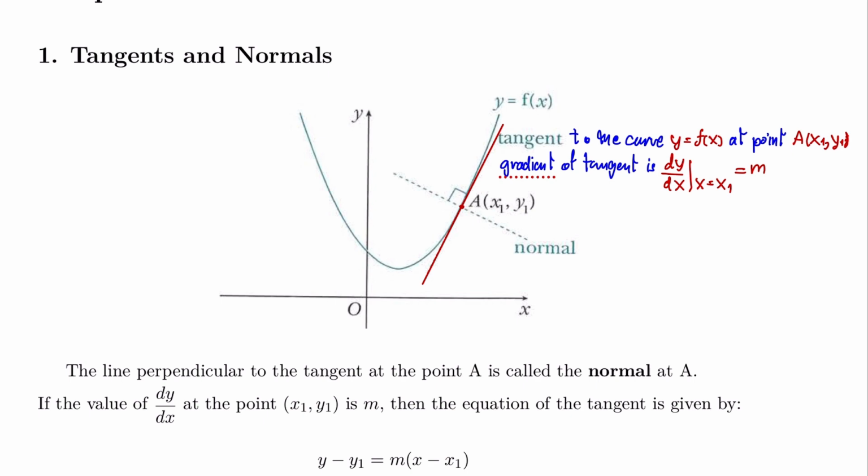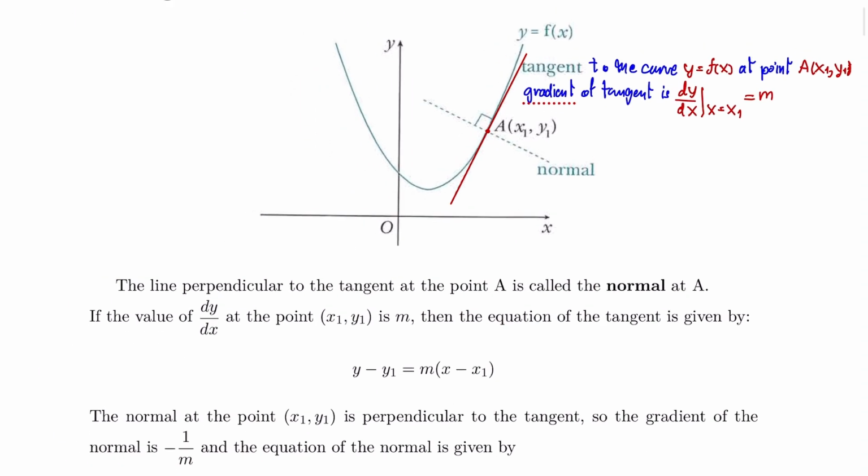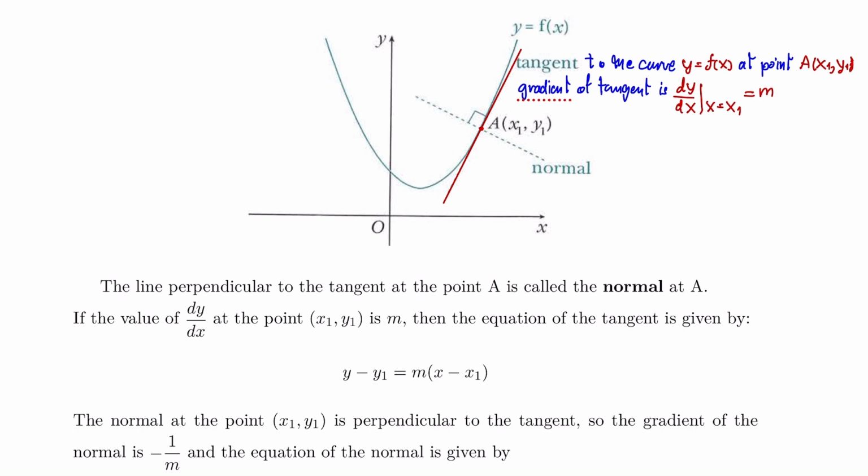So what happens to the equation of the tangent? We know the point that the tangent passes through is (x1, y1), and the gradient is m. So the equation of the tangent turns out to be y minus y1 equals m times (x minus x1).